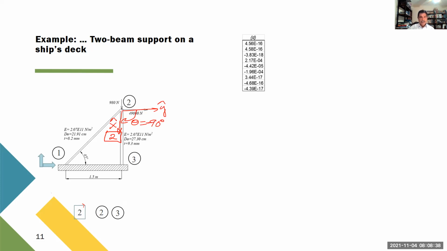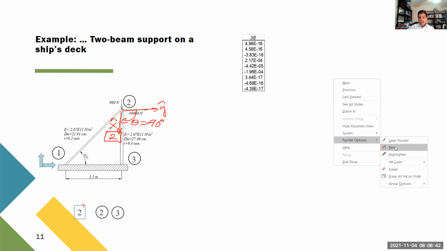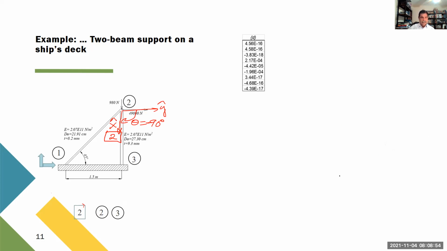Okay, let me change color. I'm going to show the global reference system, which points to the right there.